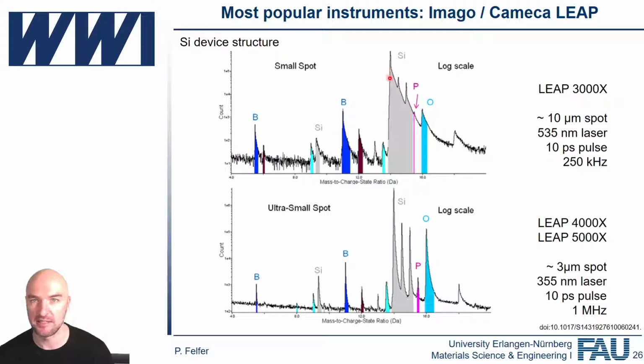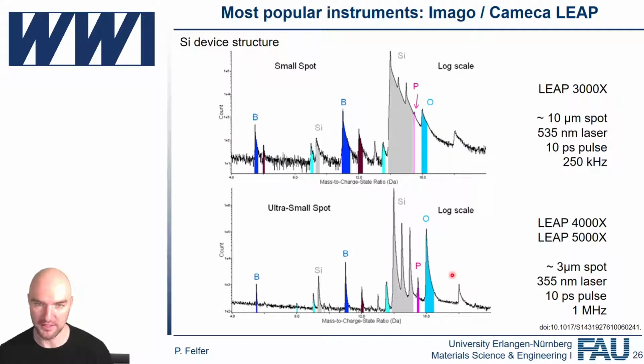And you can see these thermal tails that we get are appreciably larger than on, for example, a LEAP 4000 or LEAP 5000 instrument, which has a much smaller spot, about a 3 micron spot, because you've got in situ optics, and a shorter wavelength as well. And this is the marching direction, of course, and this is silicon dioxide, silicon and silicon dioxide.